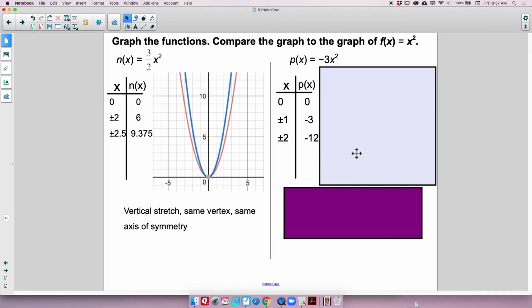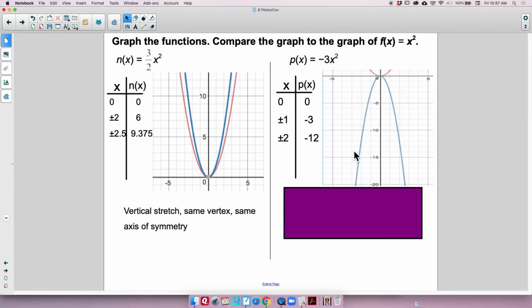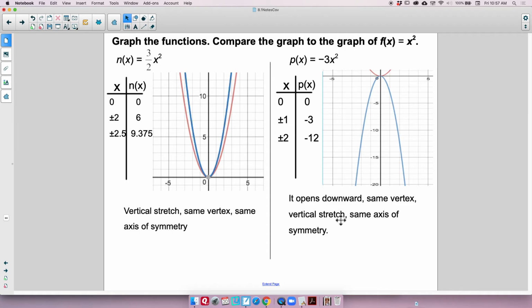And I graph those points. And you can see just the very top of my parent function there. I had to do it this way in order to get my graph in. And how would you describe it? Well, it's steeper, right? It opens downward, so it's a vertical stretch, steeper, and same axis of symmetry, same vertex.